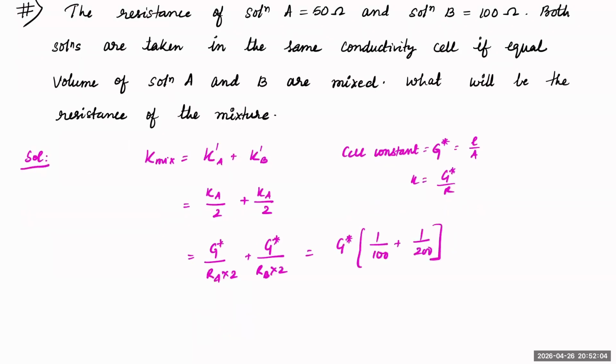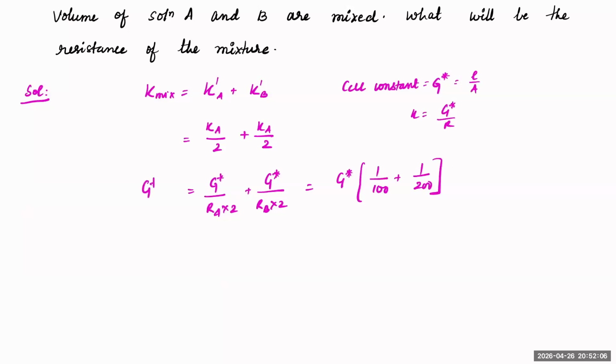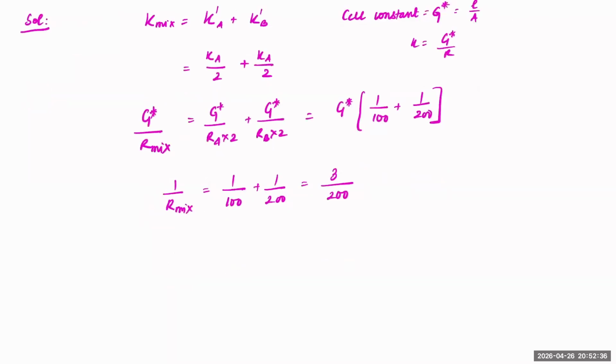And overall G of mixture is G star by resistance of the mixture, correct? So now G star will get cancelled. So 1 by resistance of the mixture should be equal to 1 by 100 plus 1 by 200. So that is equal to 3 by 200. Now I can write R of mixture is equal to 200 by 3, which is equal to 66.6 ohms.